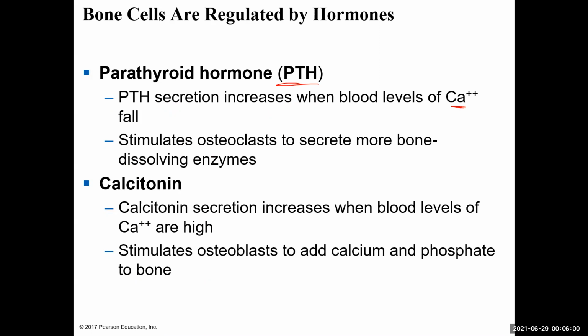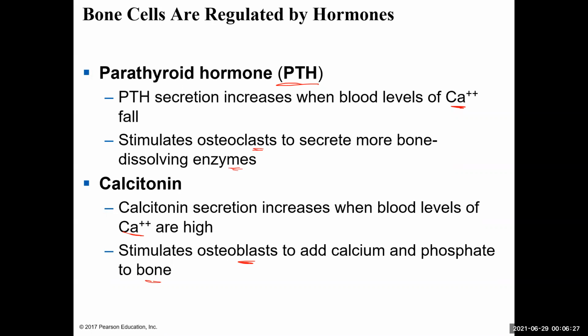This basically tells the osteoclasts to secrete more bone dissolving enzymes. Another hormone is calcitonin, which is secreted whenever calcium levels are high. This basically tells osteoblasts to add calcium to the bone.